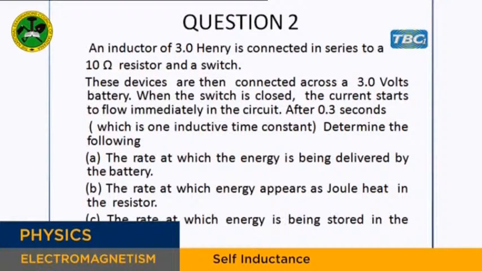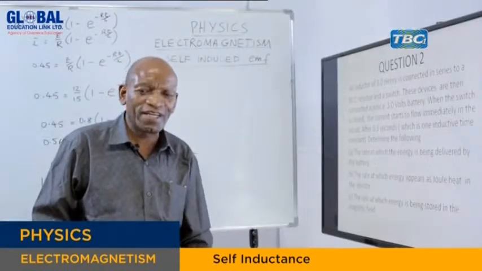After 0.3 seconds, which is one inductive time constant, determine the following. A, the rate at which the energy is being delivered by the battery. B, the rate at which energy appears as joule heat in the resistor. And C, the last part, the rate at which energy is being stored in the magnetic field of an inductor.